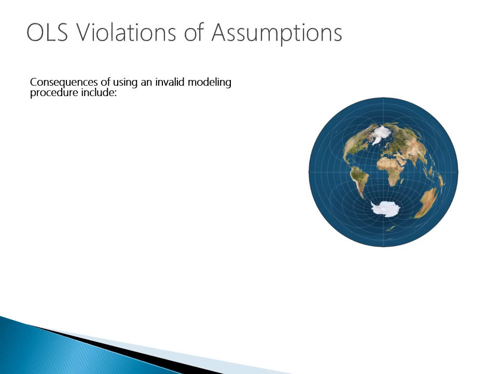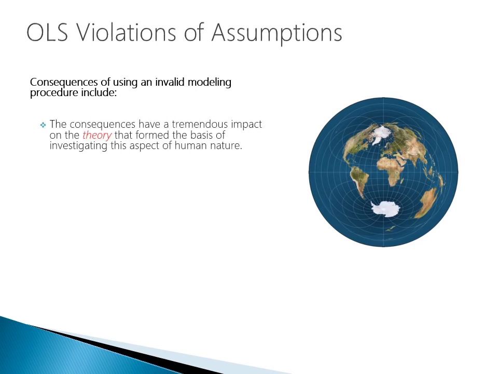Consequences of using an invalid modeling procedure include, the consequences have a tremendous impact on the theory that formed the basis of investigating this aspect of human nature. When we decided to build a predictive model, we have our theory.